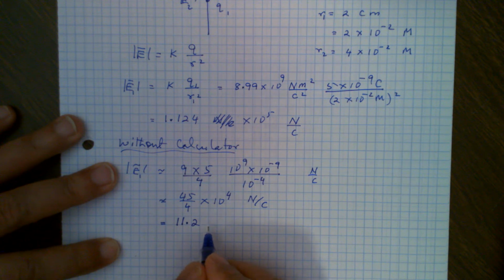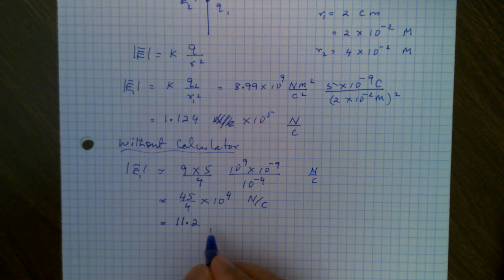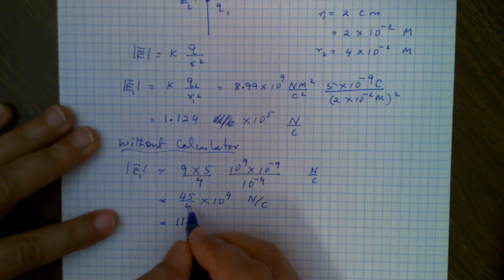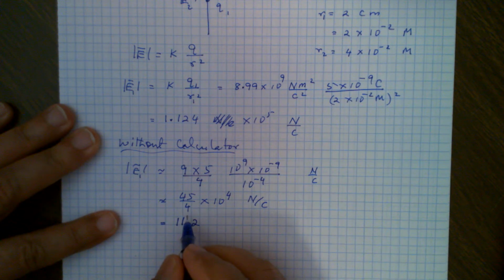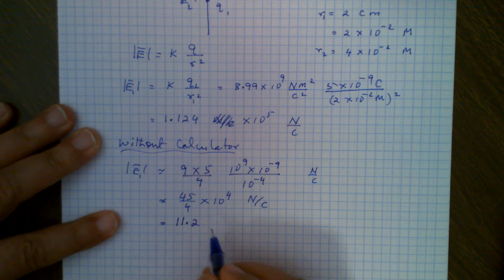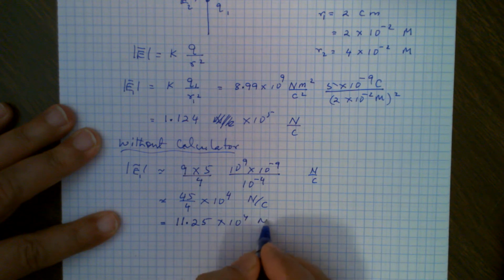And then 4 times 2 is 8, so you have 2 left, so then you will have 5. Right? That's approximately that, times 10 to the power 4 newtons per coulomb.